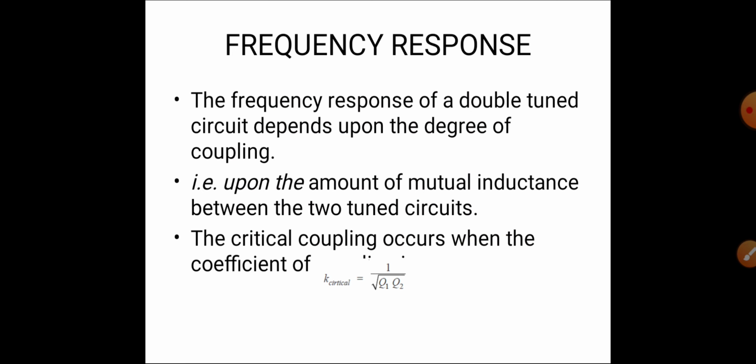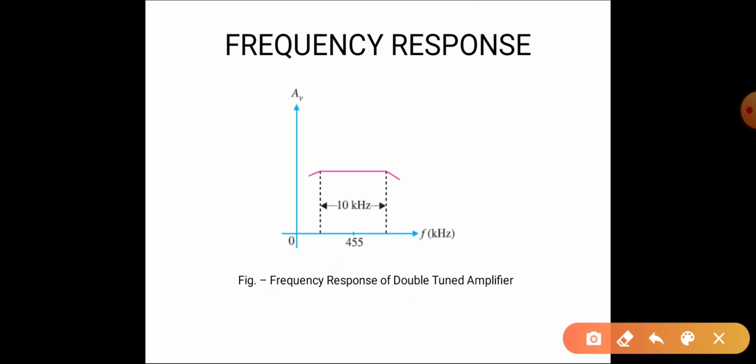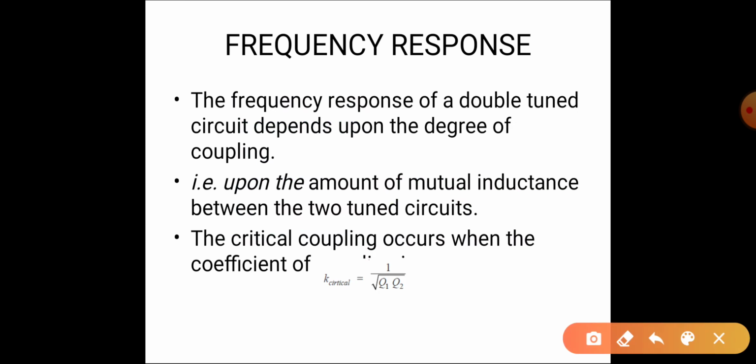So the critical coupling occurs when the coefficient of coupling K is equal to the value in this equation, where Q1 is the quality factor of the first tuned circuit and Q2 is the quality factor of the second tuned circuit.